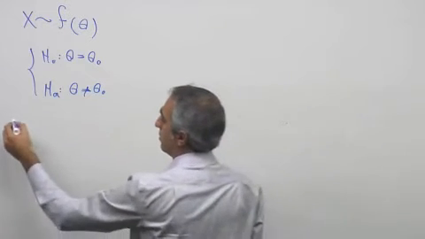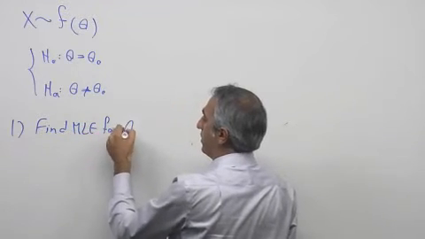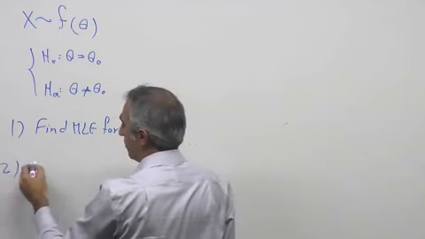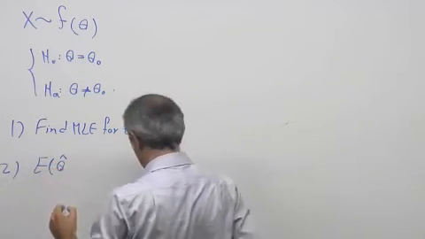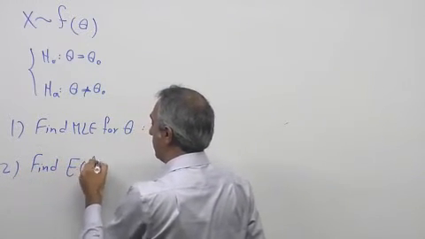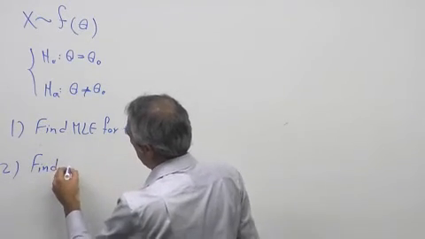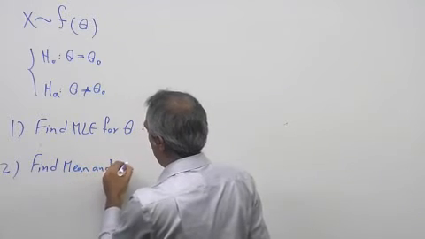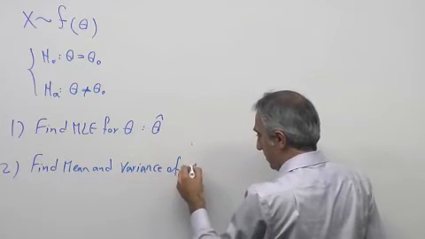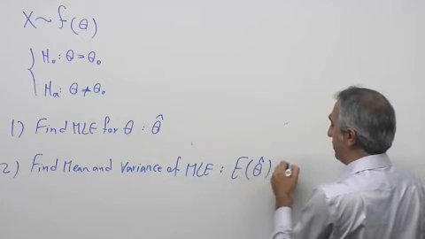So first step, find the MLE for theta. Let's call it theta hat. Second step, find the expected value and variance of your MLE. In this case, the expected value of theta hat and the variance of theta hat.